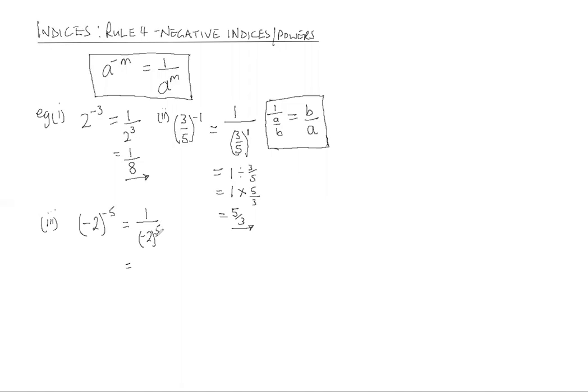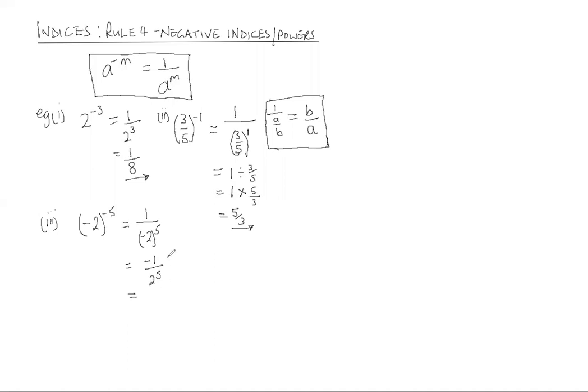But if the power is even, the final answer will have a positive sign. So 1 over minus 2 to the power 5 is just the same as saying minus 1 over 2 to the power 5.